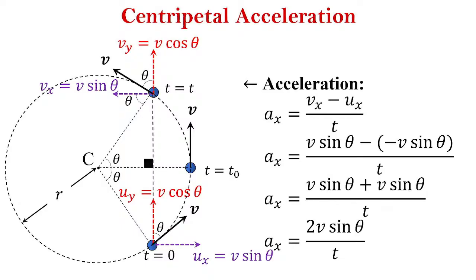Ax is 2V sin theta over T, theta is not well defined, T is not well defined, so we can't go like that. This is not a final version of the acceleration, but we are happy because we can obtain some sort of an acceleration based on this.